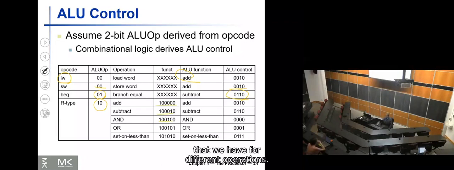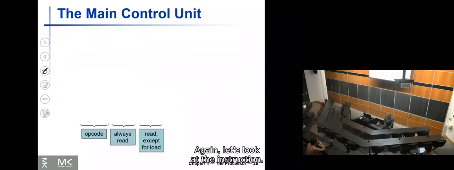Based on the function code that we have for different operations, add, subtract, and, or, set less than, we build our ALU control. So based on opcode and function code, we generate these 4 bits. These 4 bits tell ALU what to perform.